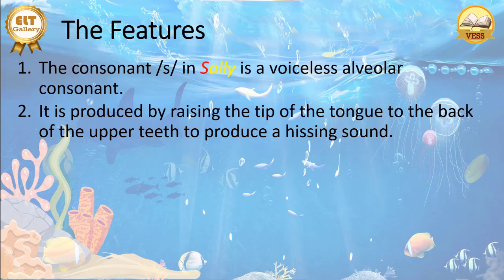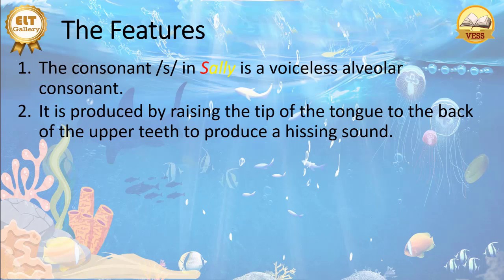So the sound here is accompanied with a hissing sound, meaning that we can produce S in a very long sequence of sound without stopping, because it's just a hissing sound and the air is not blown but just narrowed down so that we create a hissing sound.